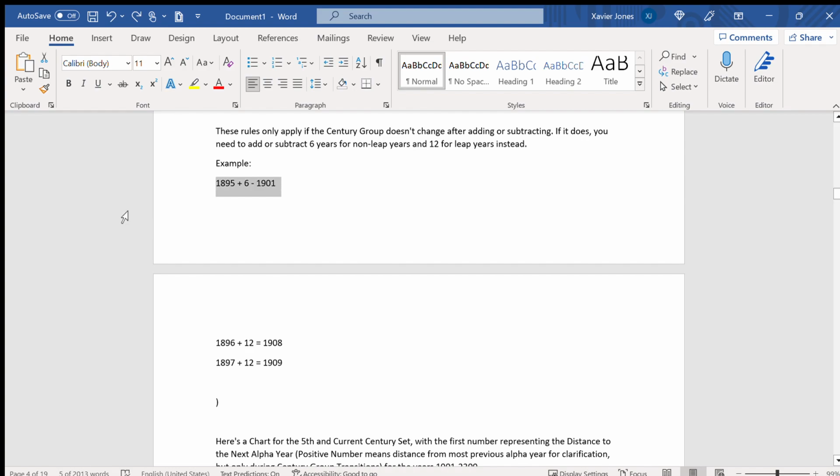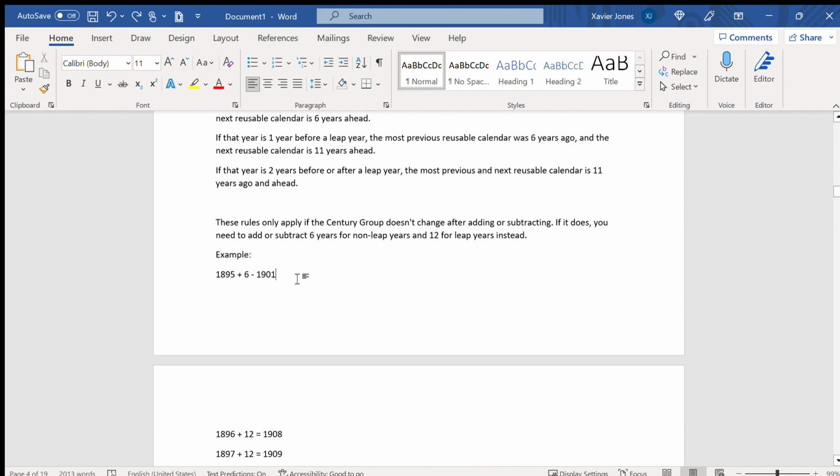And this is only going from the previous century set to the next century set. 1895 plus 6.